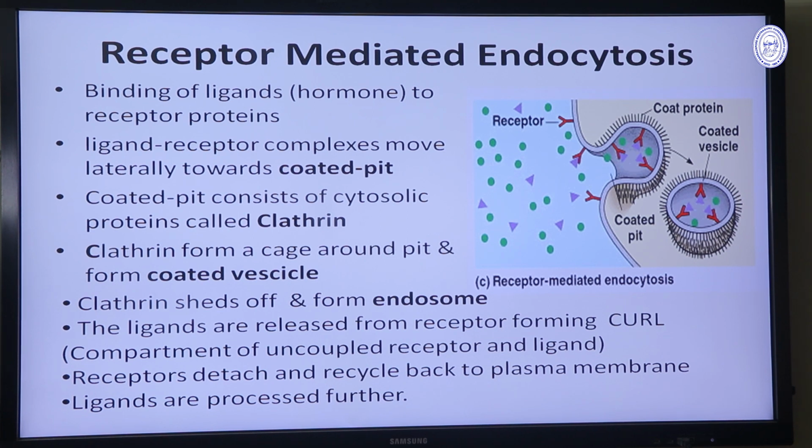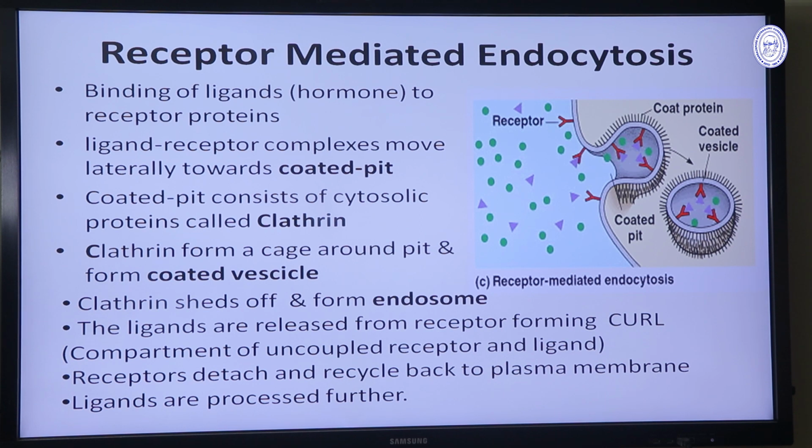Then the ligands are released from the receptor and the vesicle is now called CURL, that is, compartment of uncoupling of receptor and ligand. So, a single vesicle will be divided into two vesicles. In one part there will be receptor proteins and the other part will carry the released ligands.